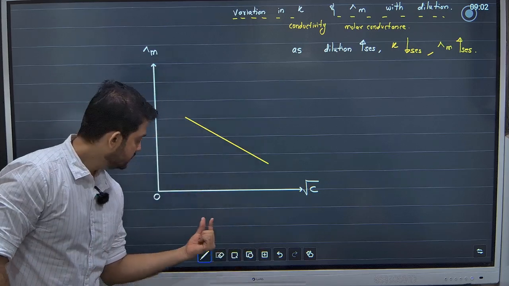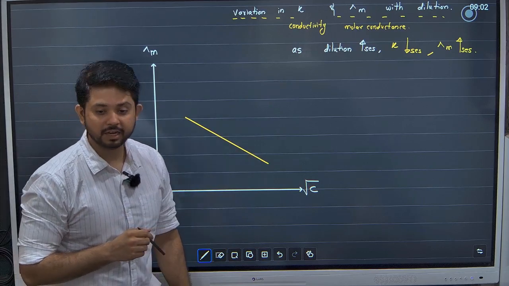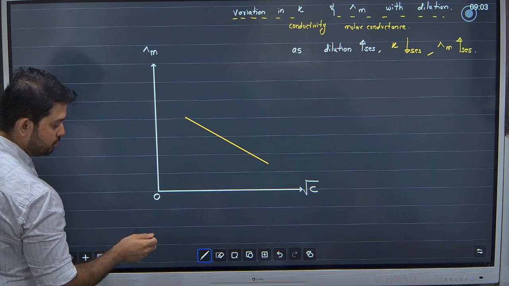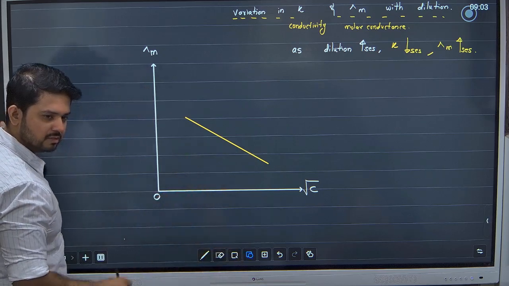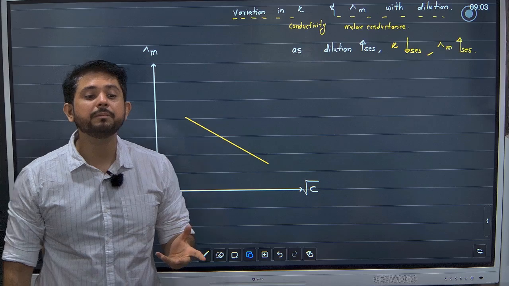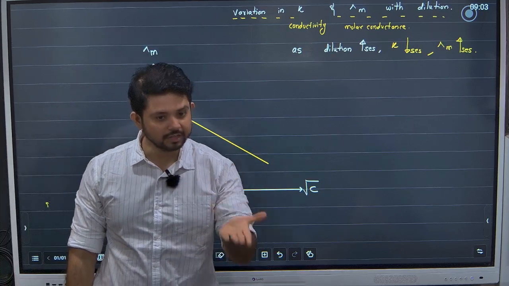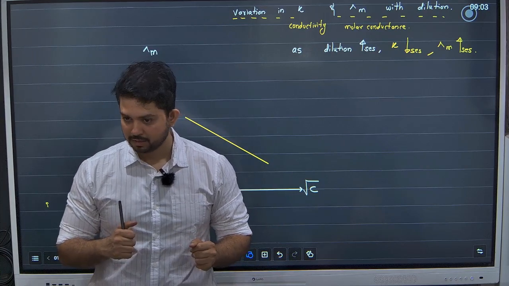At zero concentration or at infinite dilution? But can you really have infinite dilution, zero concentration? Zero concentration का मतलब क्या? Salt ही नहीं है. Excellent. इलेक्ट्रोलाइट ही नहीं डाला. Did you people get that?